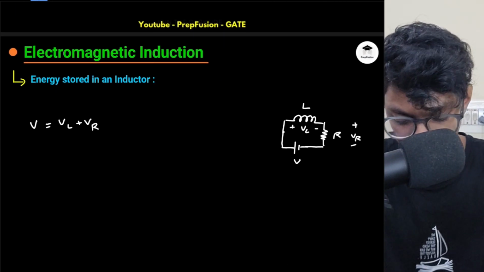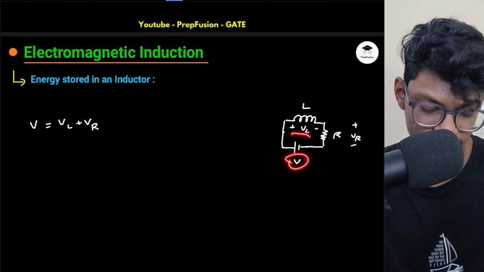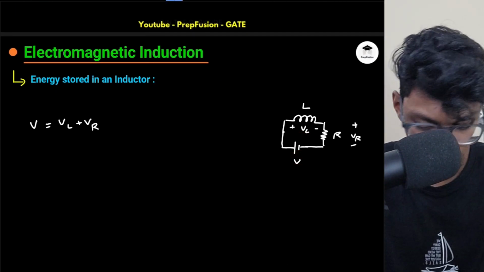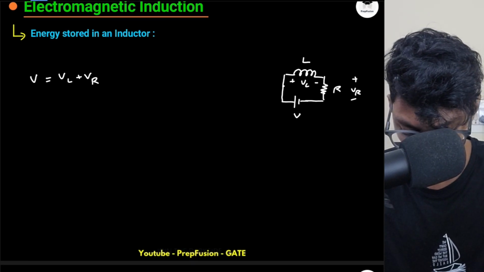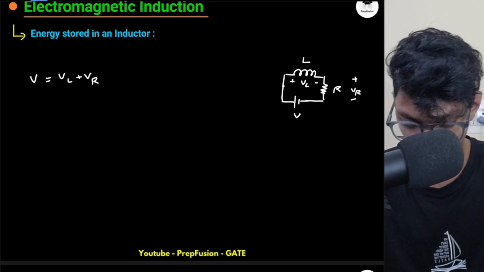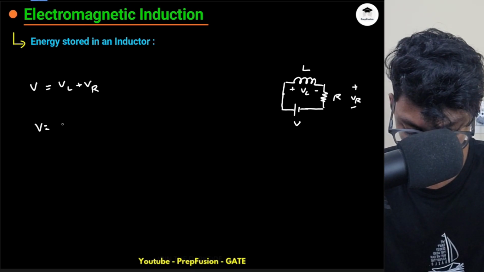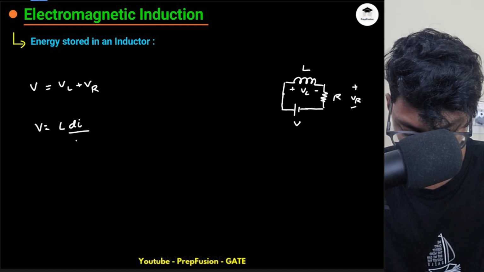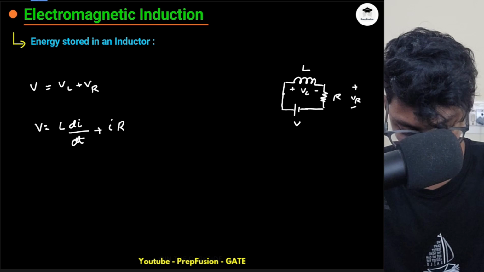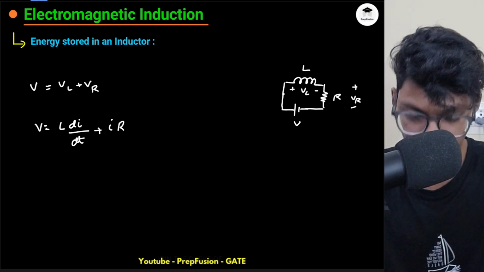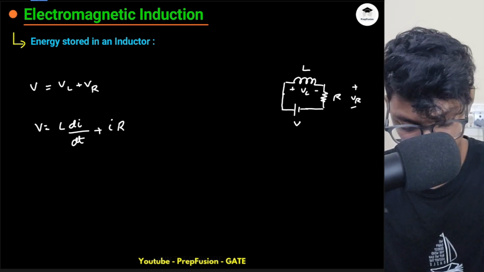So I know by KVL, V will equal V_L plus V_R. So what I can write is V equals L di by dt plus I into R. If I multiply I dt on both sides, what will I get?